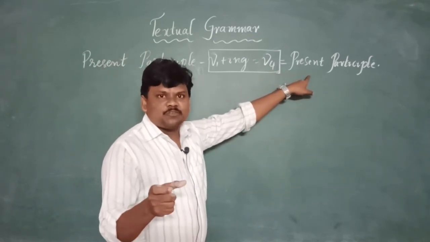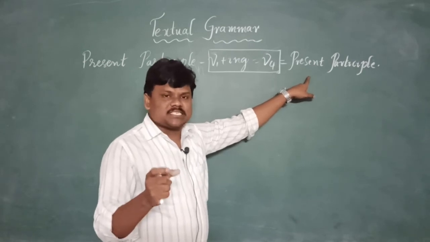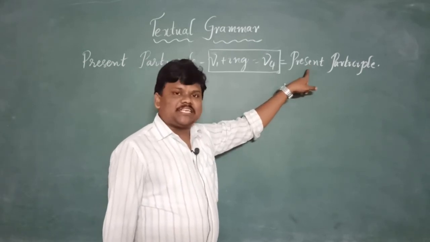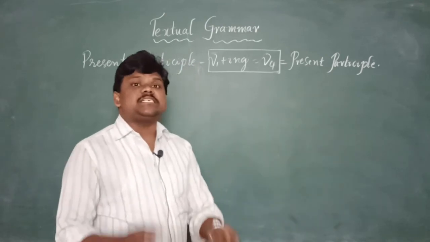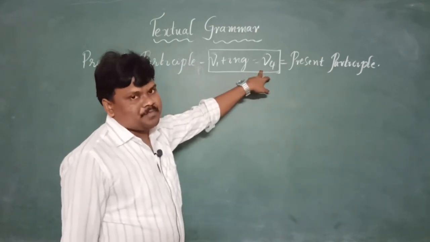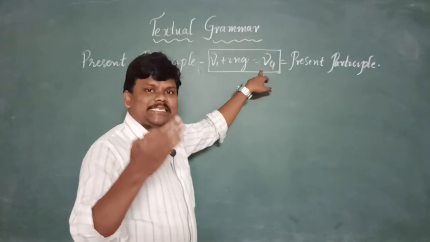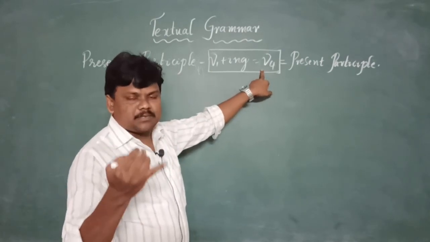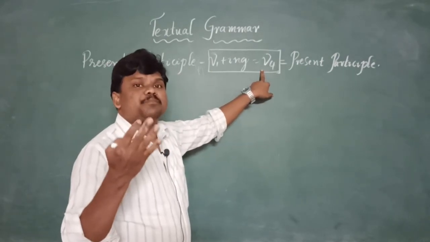If the instruction is given at the end of the sentences, we definitely need to combine the two sentences with the present participle, which is the ing form. There are mainly three types of participles: present participle, past participle, and perfect participle.